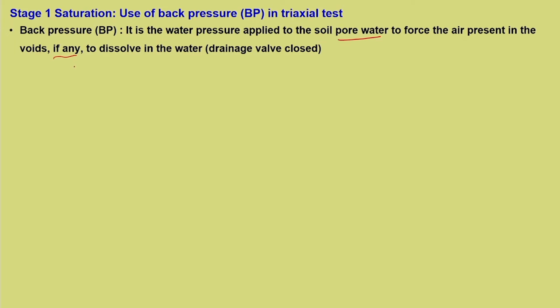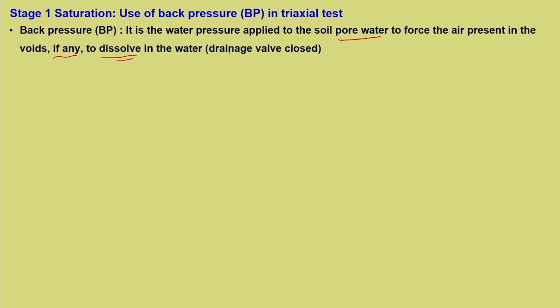So, if it is fully saturated, then most of the air voids will be full with water, but in case it is not, then it is the water pressure which will help the air bubbles which are present in the voids to dissolve in the water.